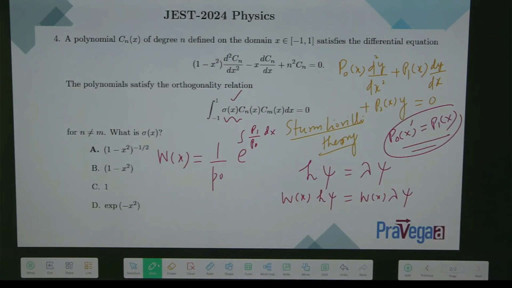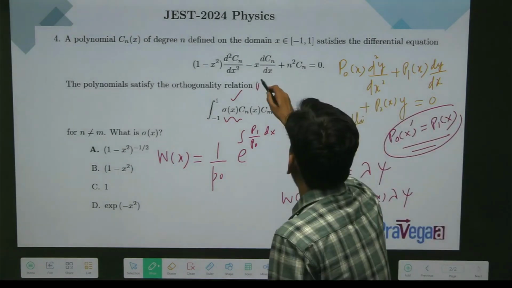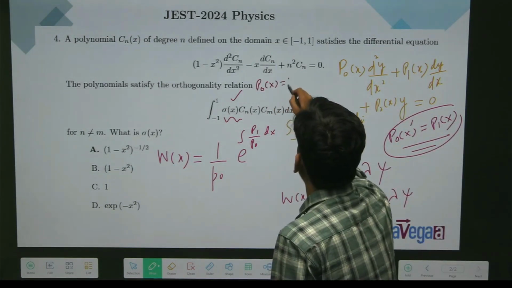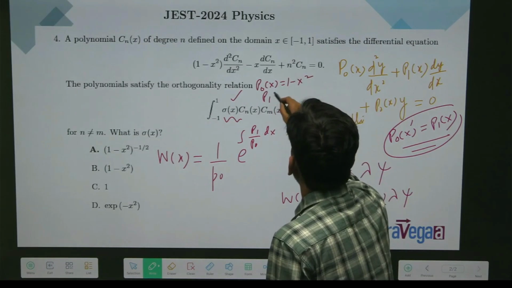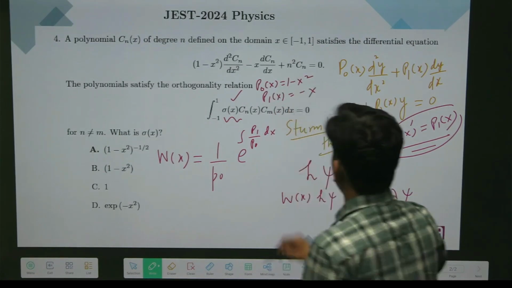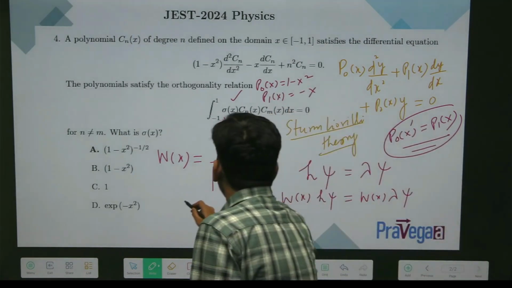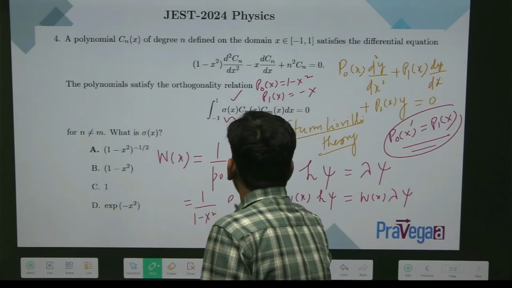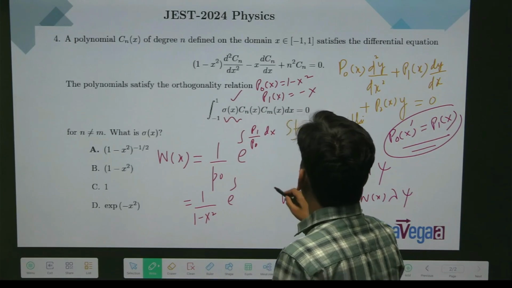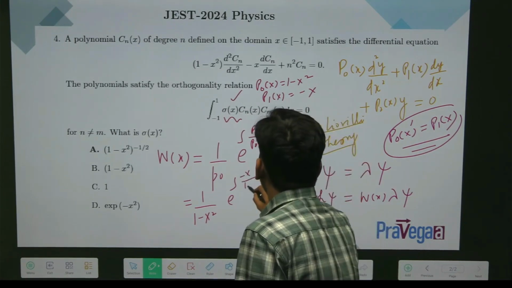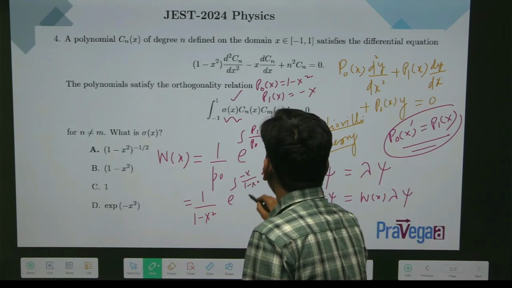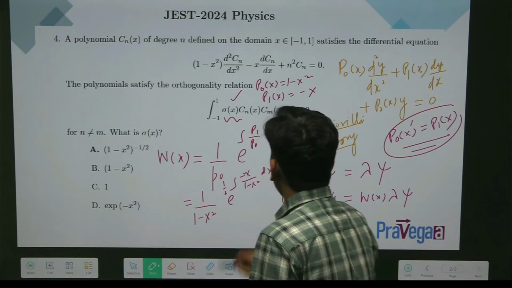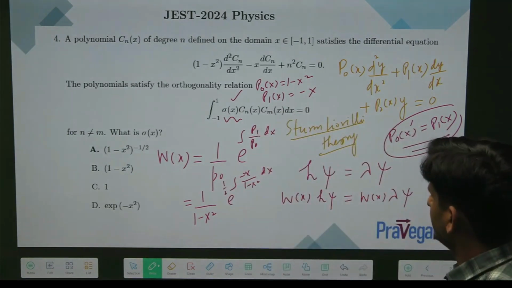So let us calculate the weight function for this and compare. For us, P0(x) is 1 minus x square and P1(x) is minus x. The weight function will be 1 upon 1 minus x square times e to the power integral of minus x by 1 minus x square dx, divided by 2 and multiplied by 2 so that it can be easily integrated.